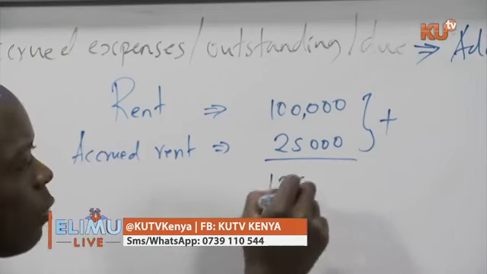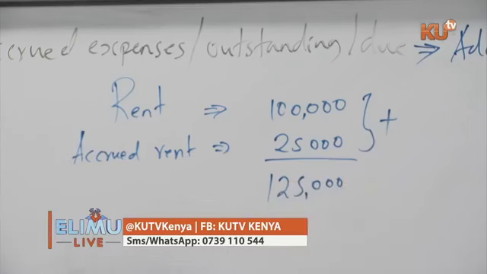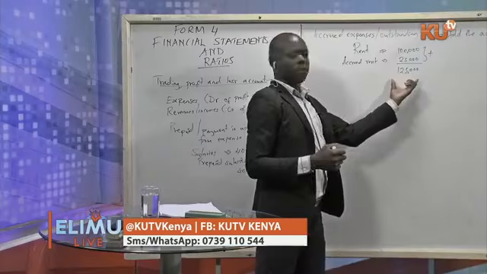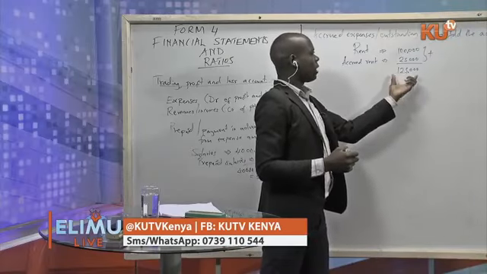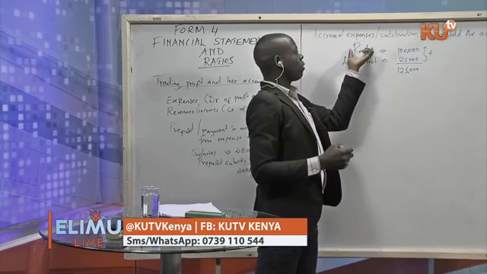This gives us 125,000. So this is what will be captured in the profit and loss account as an expense in relation to rent.